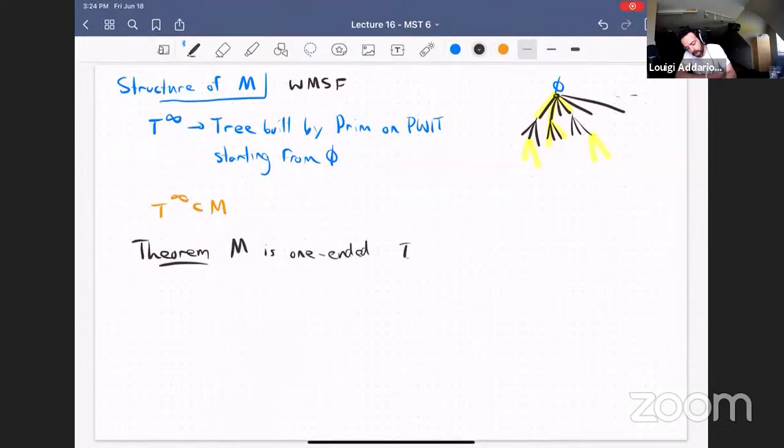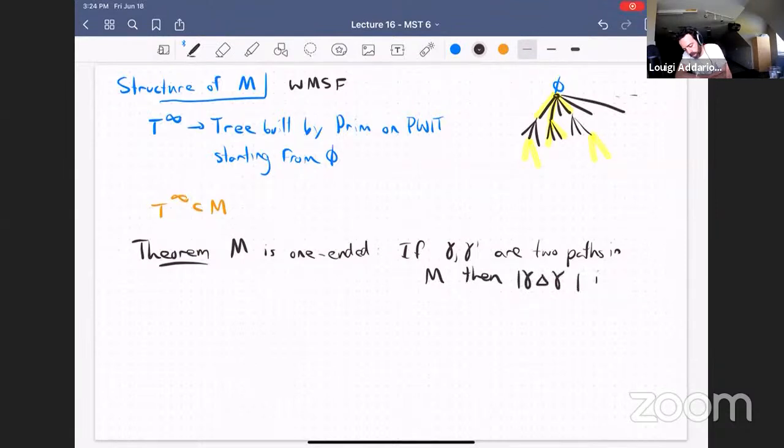That means that if gamma and gamma prime are two simple paths in M, then the symmetric difference of the two paths is finite. We called this T empty set before. I can't swear to that.